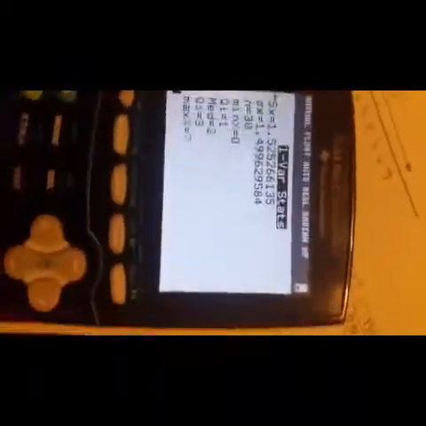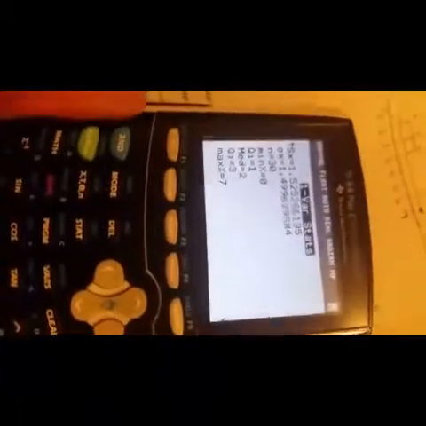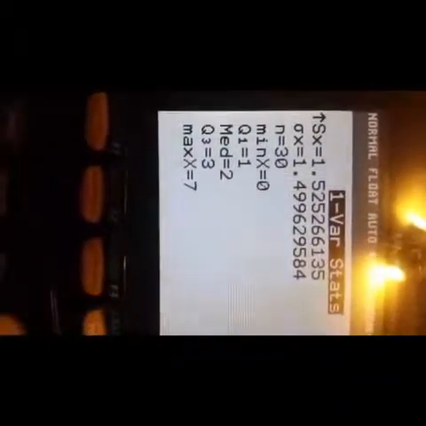Your Q1 is, if you have a whole group of numbers stacked in order, you take the first half of those numbers, and then you find the median of those numbers, and that'll be your Q1. Your Q3 is if you take the other half of those numbers and find the middle number for that side, and that'll be your Q3. And your maximum is your maximum number in your data, and your minimum is your minimum number.